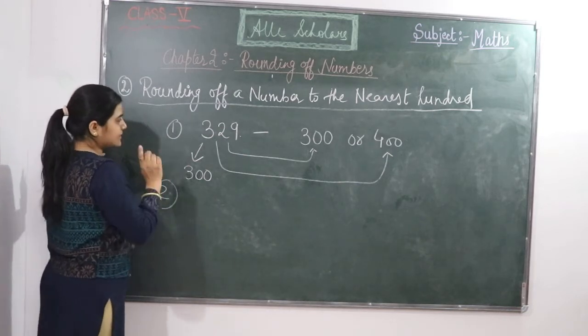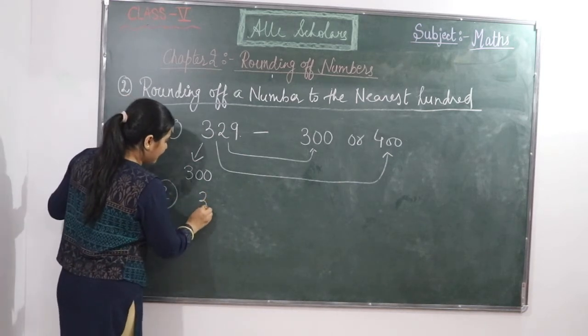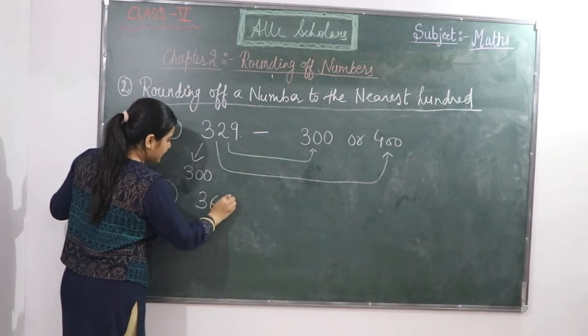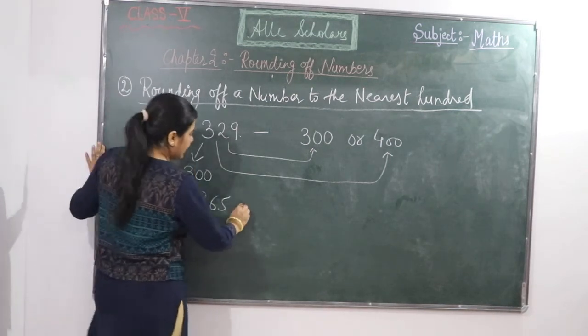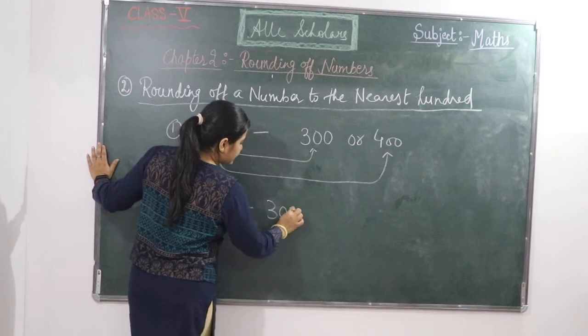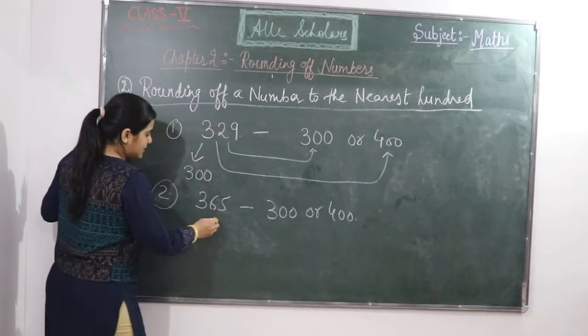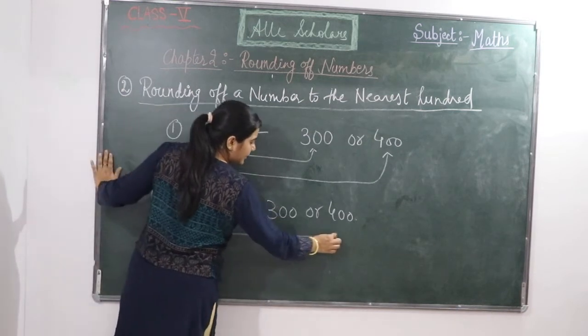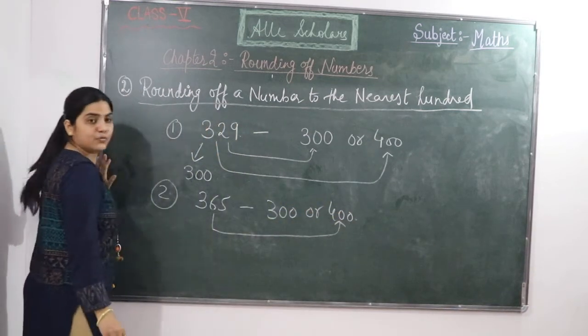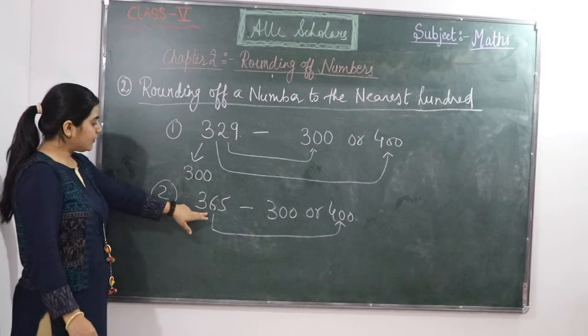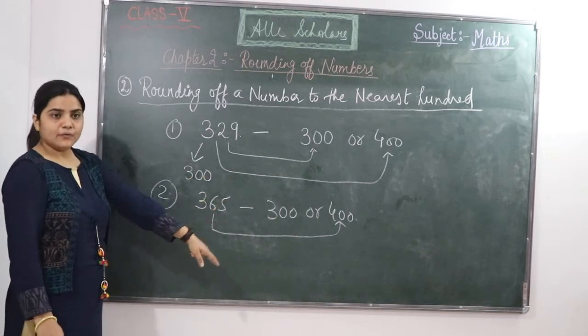Now at the same place, if it had been 365, then again is 300 near or 400? Here, if you see, this is going to be near to 400. So the rounding off of 365 will be 400.